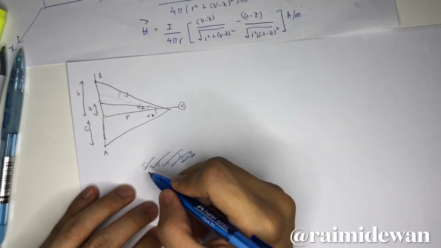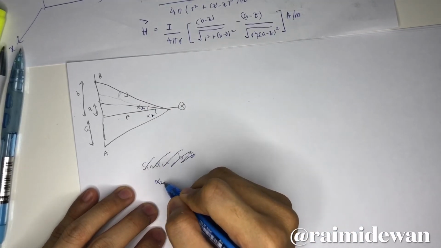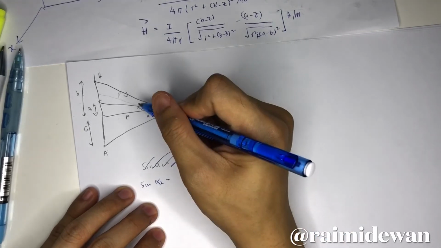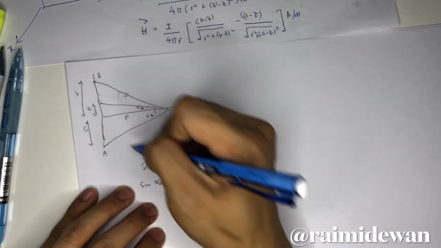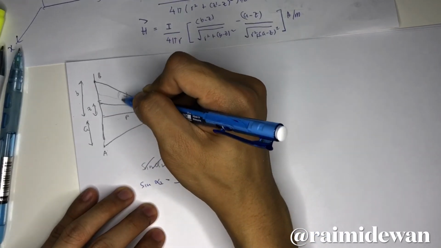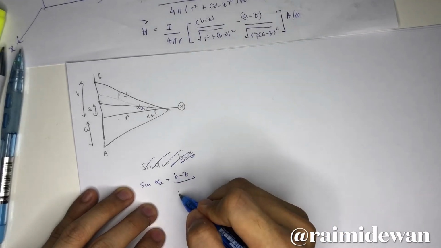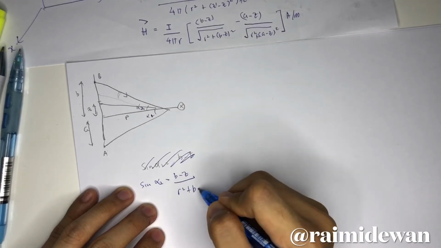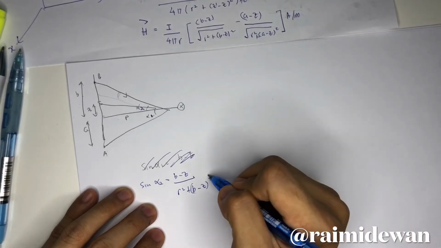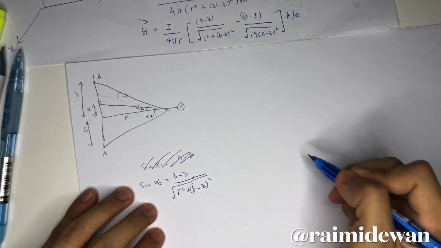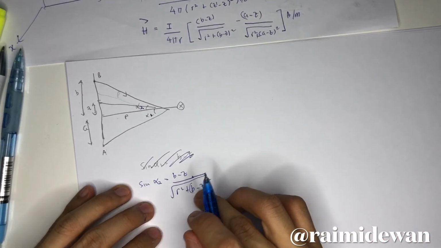So if you want to take sine alpha 2, what is that? You have b minus z as the opposite, then you have your hypotenuse. This is actually your hypotenuse, and of course there is a square root, because it's a length, a magnitude.